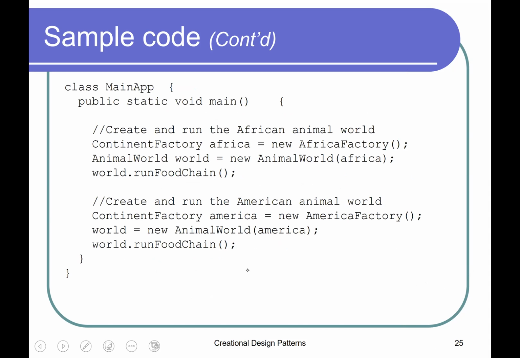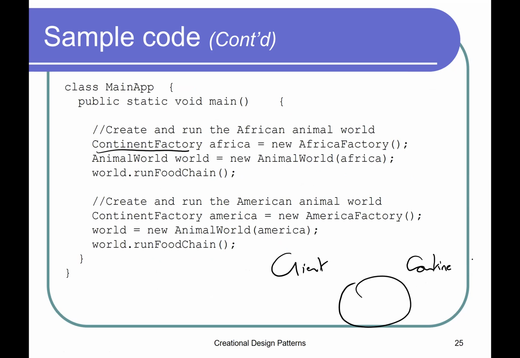Sorry, this is the client, but now let's actually do the work. At one point I'm going to have this continent factory, which I've given to the client, and I'm going to put an Africa factory inside. When I say Africa factory, go ahead, run your world chain and create your objects.